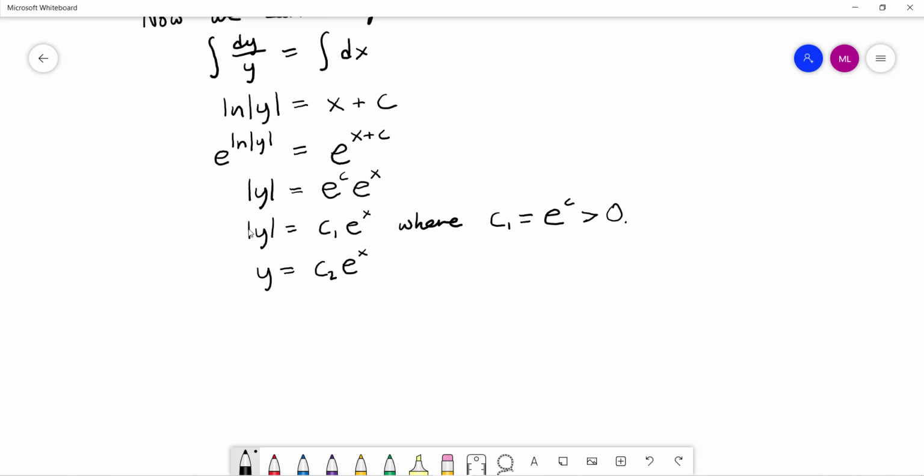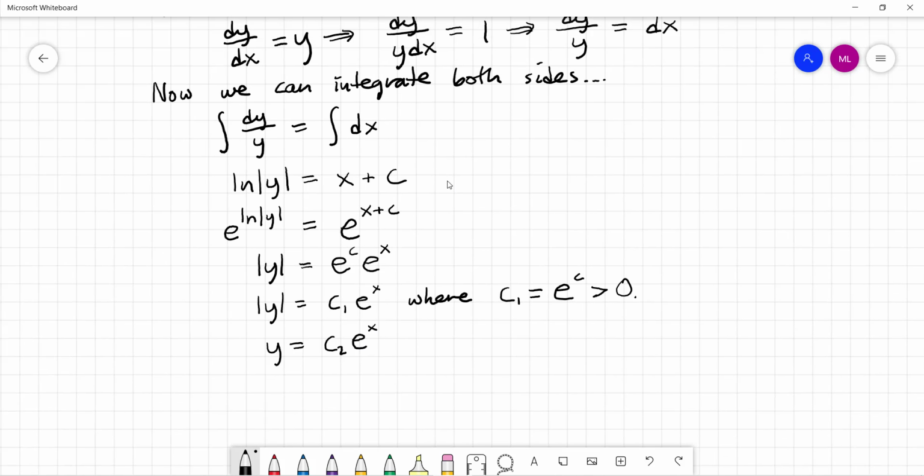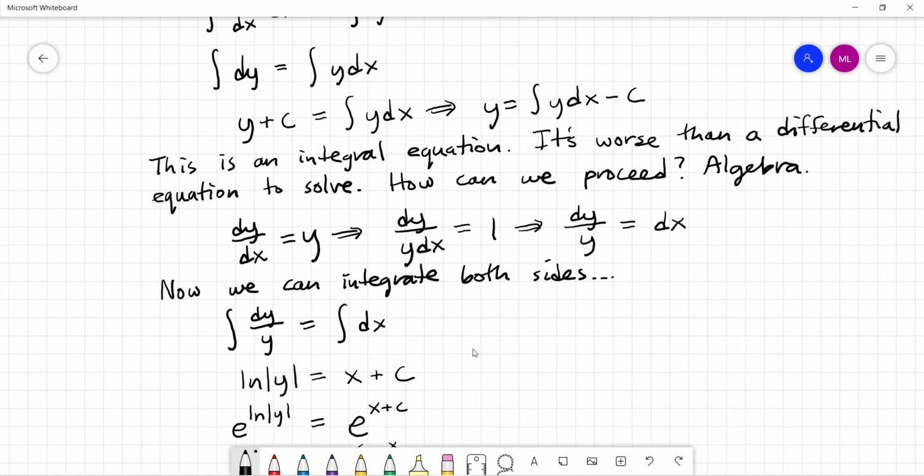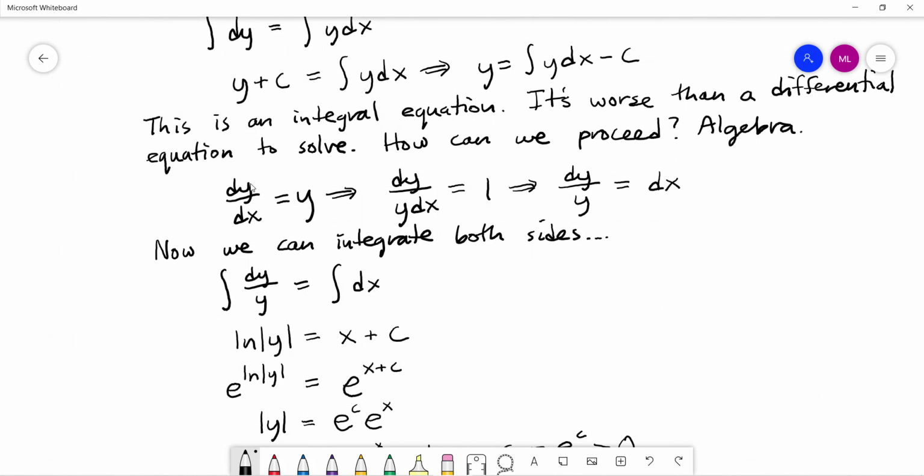But alternatively, you could think of it as we're just rolling the absolute value into the unknown constant, right? Get rid of the absolute value, and we'll just change what this constant could potentially be called. So either way, the second one's kind of a hand-wavy explanation. The first one's a little bit more rigorous. But the point at the end of the day is that this thing looks like y equals some constant times e to the x. And that's the solution to our original differential equation that we have right here.